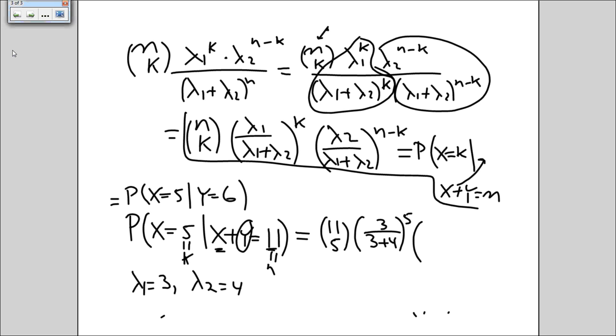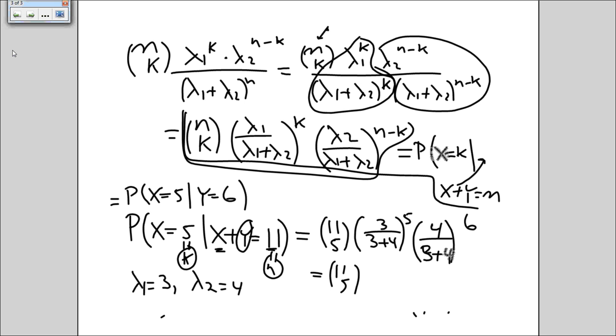Times, I'm just copying this down, lambda 2, which is 4, over lambda 1 plus lambda 2, to the n minus k. 11 minus 5 is 6. And you want to do a little arithmetic. 3 plus 4 is 7. 4 over 7 to the 6th power. And there will be the answer.